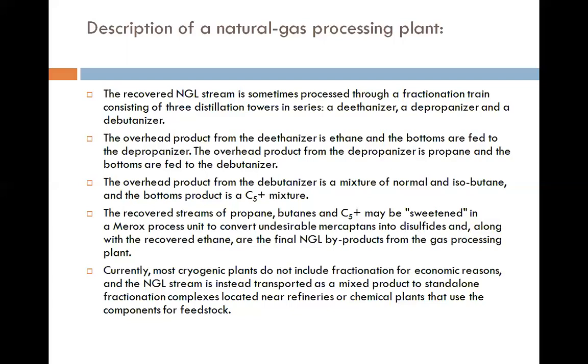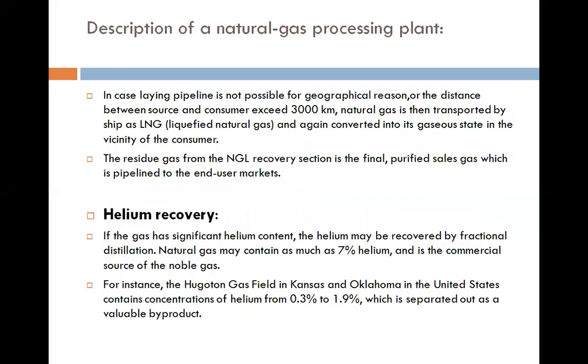Currently, most cryogenic plants do not include fractionation for economic reasons, and the NGL stream is instead transported as a mixed product to standalone fractionation complexes located near refineries or chemical plants, which use it as feedstock.